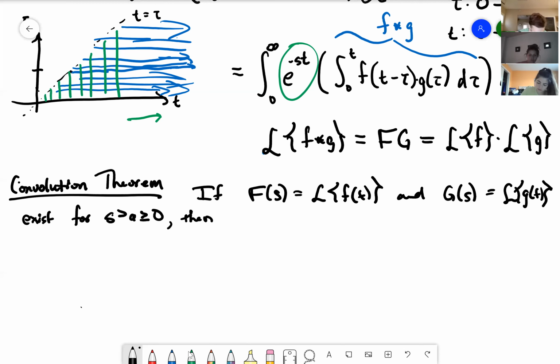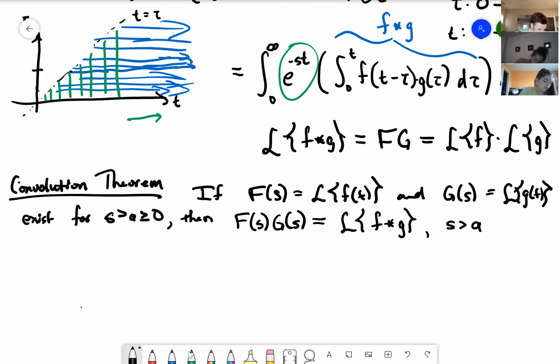Then the product of F of s, G of s is equal to the Laplace transform of f convolved with g. And let's just say this is true for s greater than a.